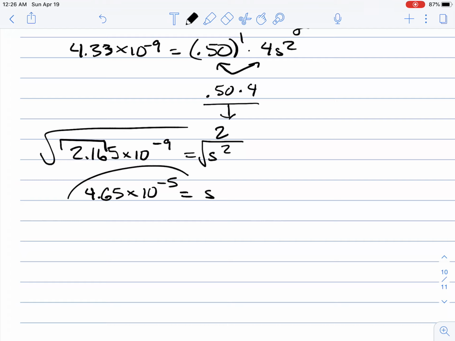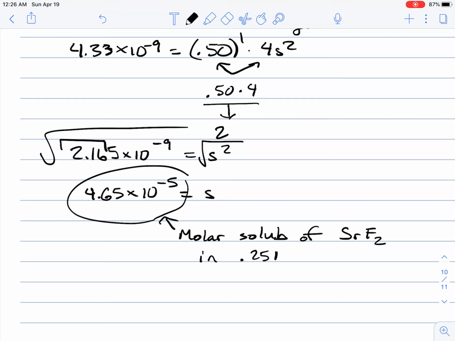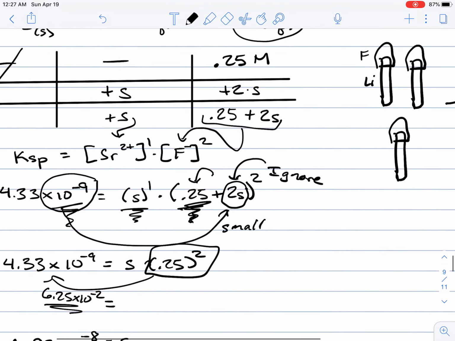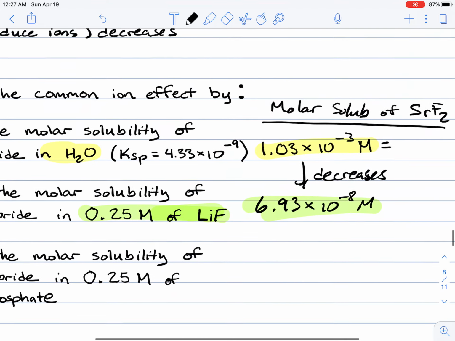And so this is going to represent the molar solubility of strontium fluoride in 0.25 molar concentration of strontium X3. And so I'm going to go ahead and plug in these numbers.